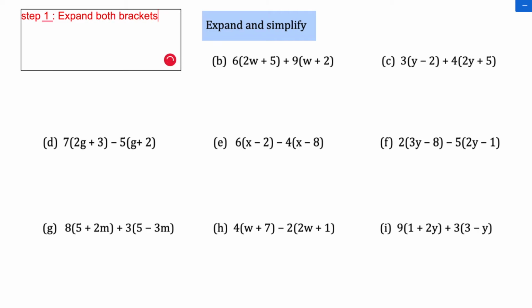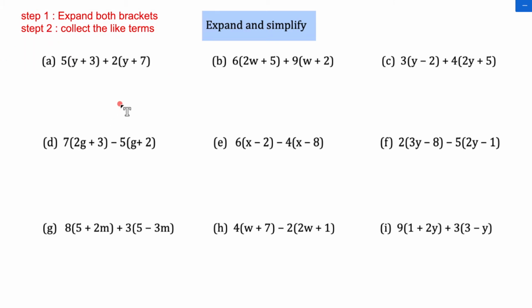Okay, and step 2, after we expanded the brackets, which we know how to do because we just did 2 activities, step 2 is collect the like terms. We also know how to do because the first activity I gave you after the fun starter was to collect the like terms. Okay, so you should be very confident in doing this.